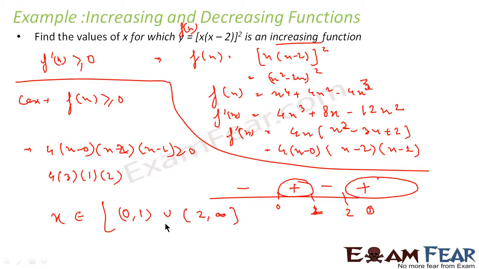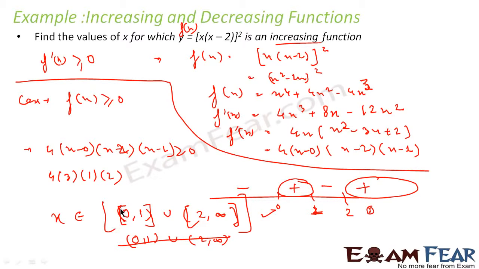Now since it is greater than or equal to 0, I'll have this as a closed interval because I'm including all these values. Please note why it is a closed interval: because it is greater than or equal to 0. Had this been a strictly increasing function, I would have written an open interval. But since this is an increasing function, I write this.